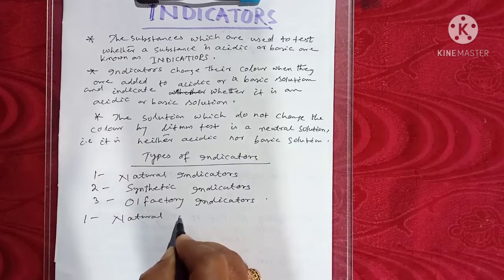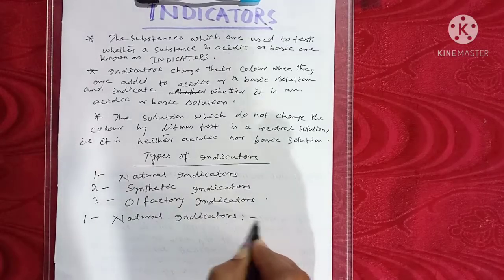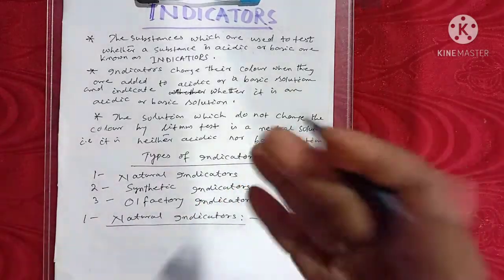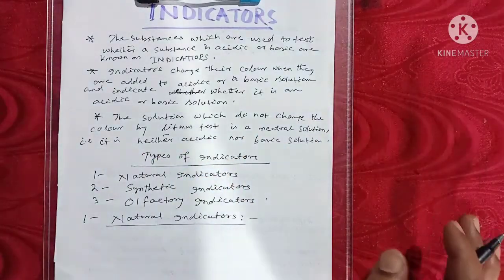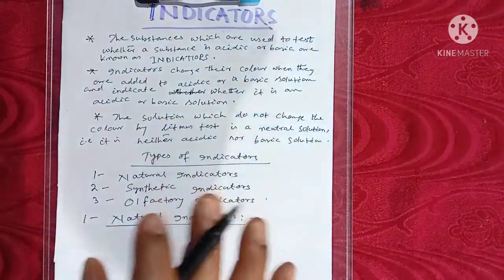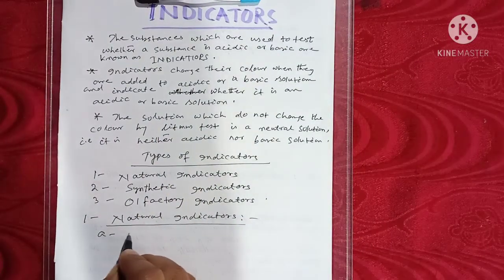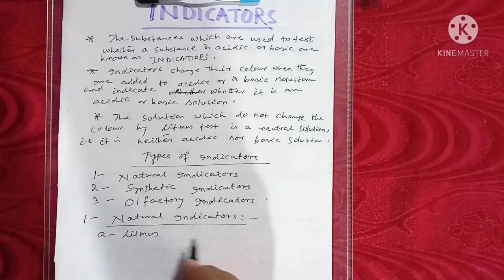So now here we shall discuss about natural indicators. The natural indicators are the indicators which are available in our nature. These are the natural indicators. So a few natural indicators are your litmus is a natural indicator.